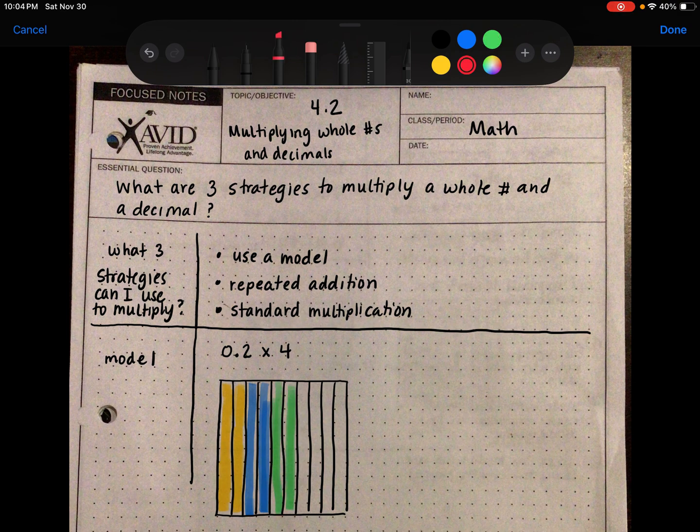I'll change the color. Here's twice. 3 times. 4 times. And that would make a total of 1, 2, 3, 4, 5, 6, 7, 8 tenths.